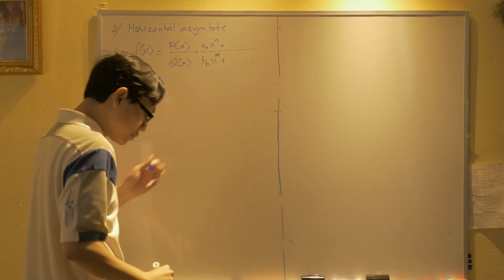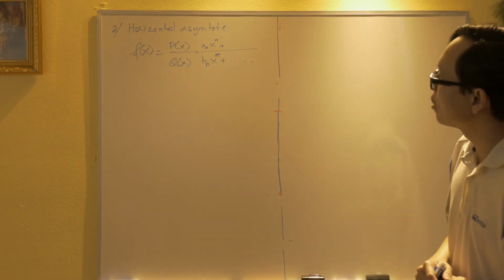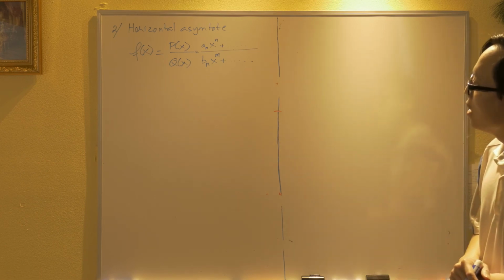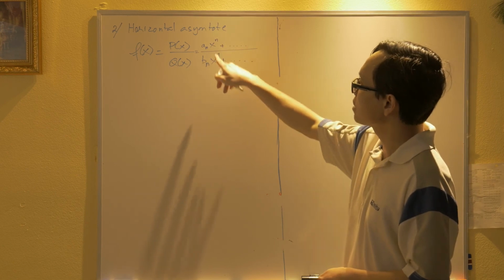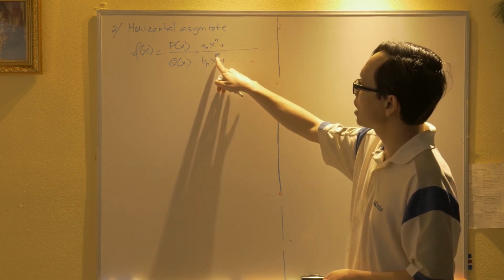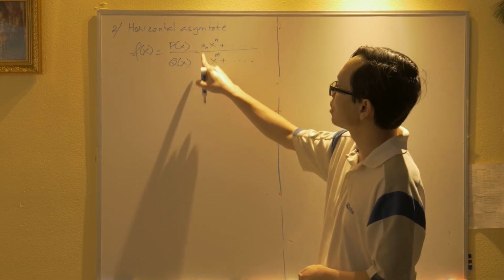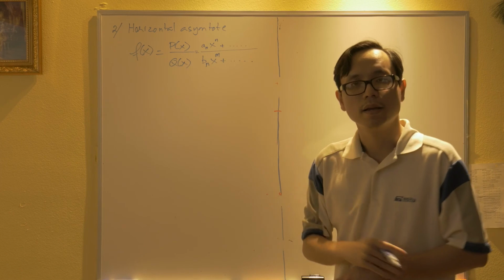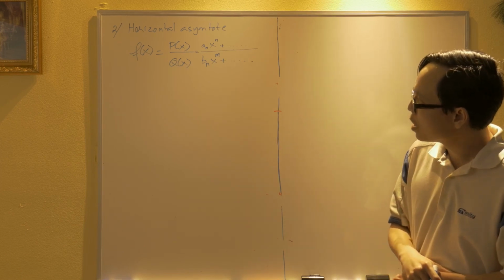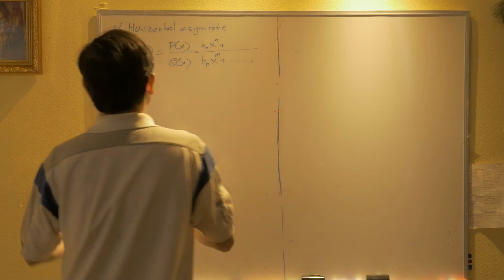So how are we going to find the horizontal asymptote? By looking at n and m, the highest exponents of p of x and q of x, as well as the leading coefficients of p and q of x, which in this case are a sub n and b sub m. So we have the rule. It's called the horizontal asymptote rule.